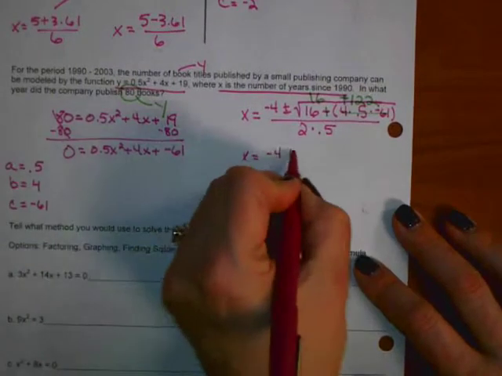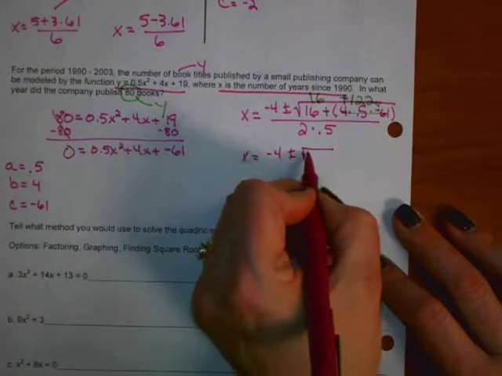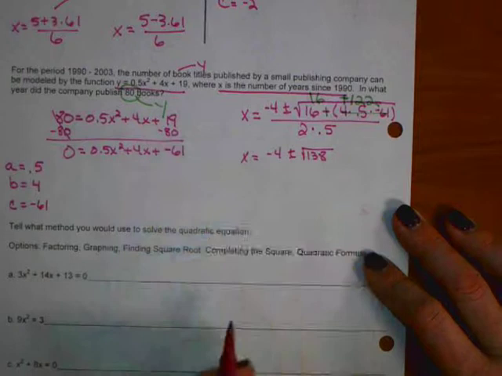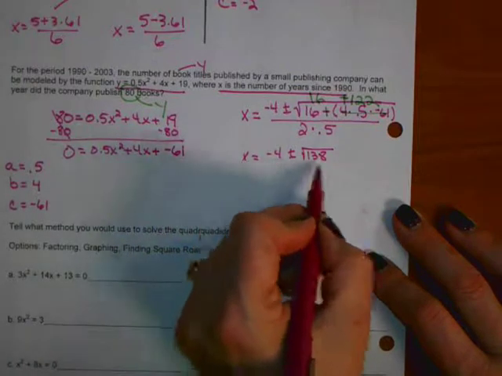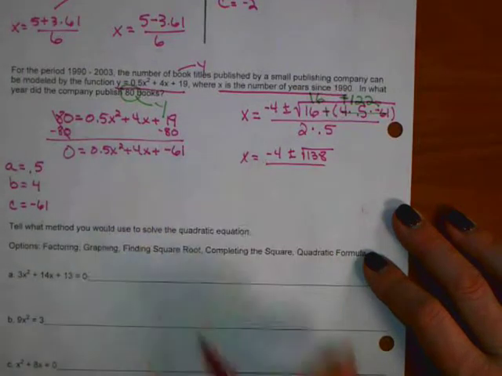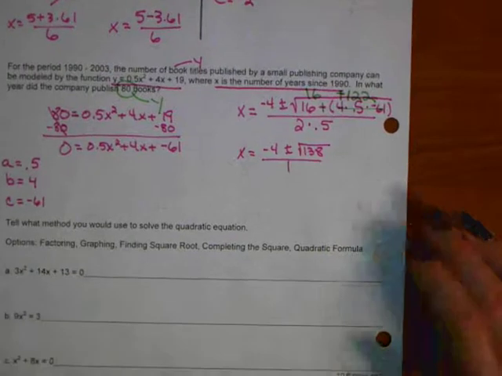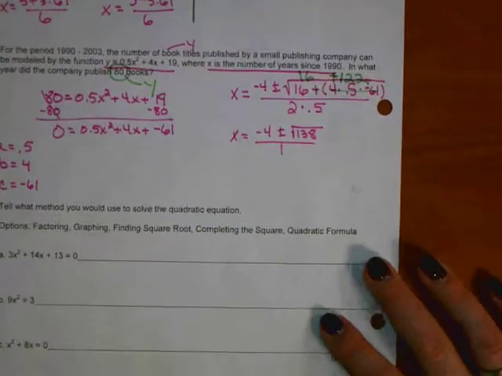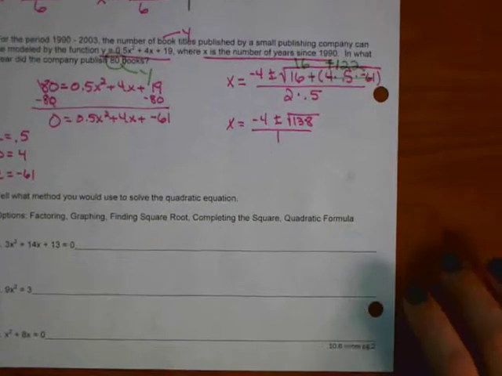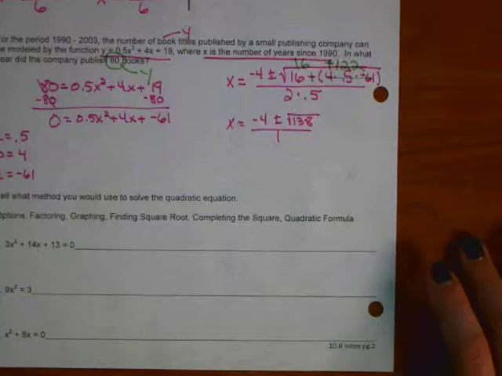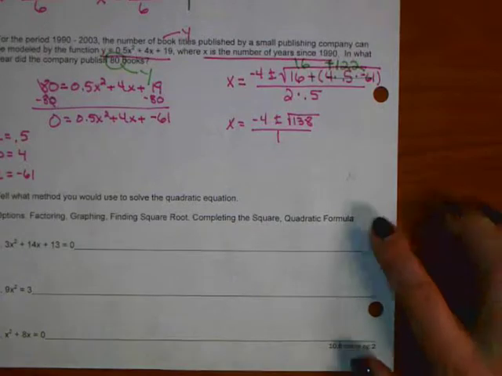x equals negative 4 plus or minus the square root of 138 divided by, what's 2 times a half? 1. So we're not done yet because we ultimately are trying to figure out what x is, which is going to tell me the number of years since 1990.